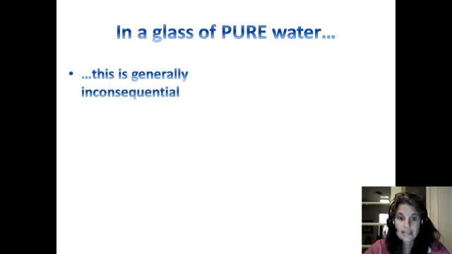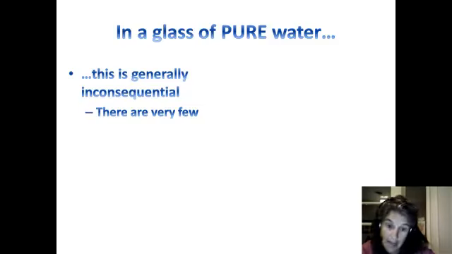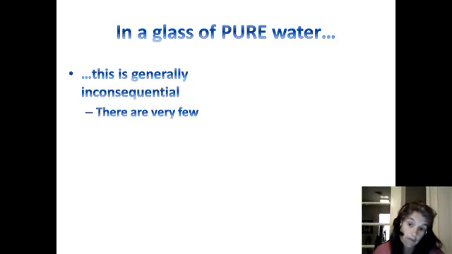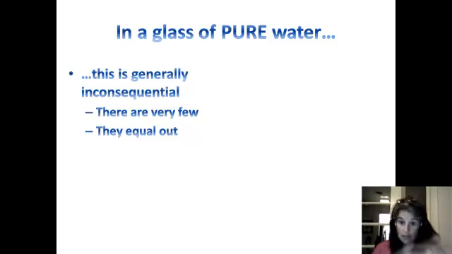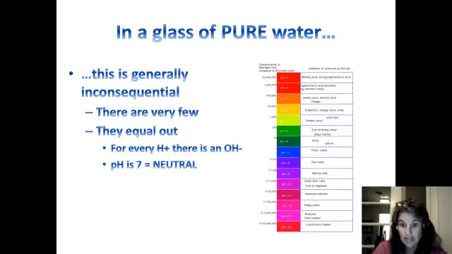Now, in a glass of pure water, this is essentially inconsequential, meaning it just doesn't matter very much. The reason it does not matter is that very few of the water molecules at any given point in time have disassociated, so there's just not very many of them. Secondly, when they do disassociate, they equal out. There's an H+ for every OH-. We have neutral charge, giving us a pH of 7.